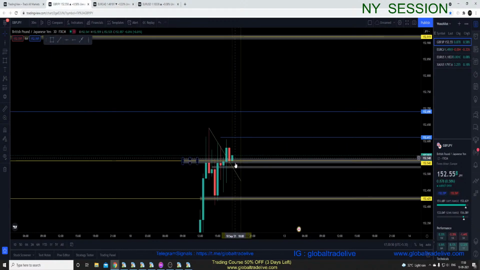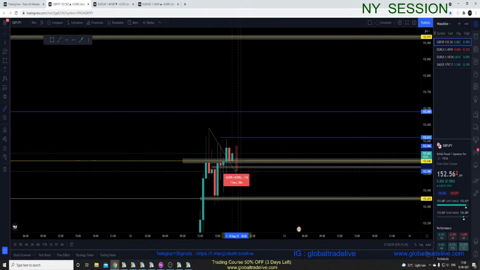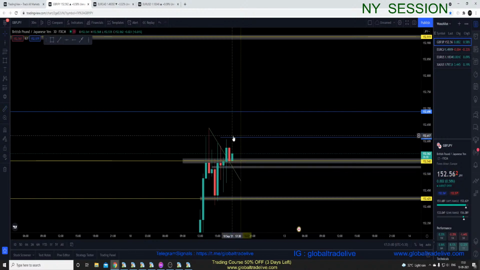So now with NY volume, it can really push up. It has to respect the previous candle low, and it has to push up all the way up. 0.4, 9.6.